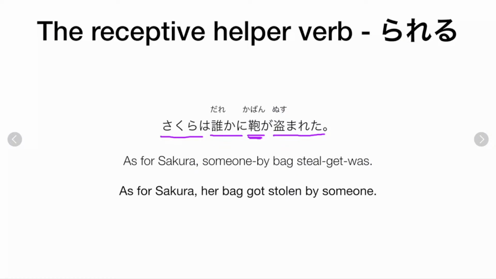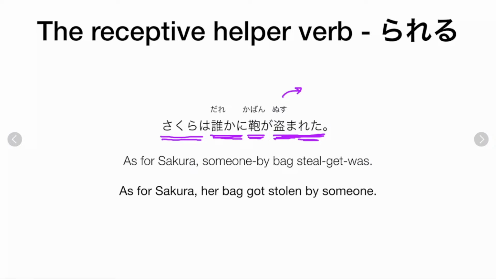So Sakura, as for Sakura, dareka we saw last lesson, a way to make a question word out of, you take ka with this and it becomes like who. So dareka ni, so someone, by someone, kaban ga nusumareta. So this nusumu is to steal, and then that got stolen.